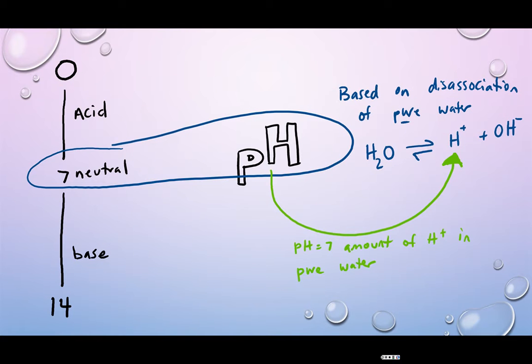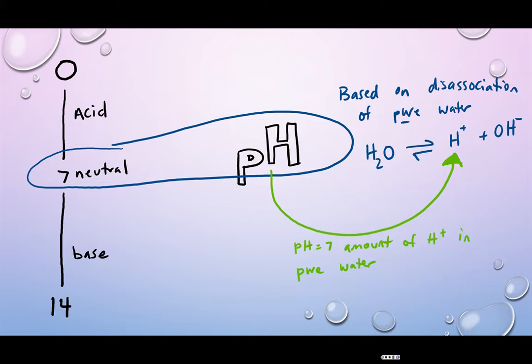Now when we talk about a neutral pH, this is actually based on the dissociation or separation of pure water. So here we're seeing that water in nature, pure water, doesn't really exist, so this would be in the laboratory. You have your water molecule and it's going to separate into a hydrogen ion and hydroxide ion, which you see here.